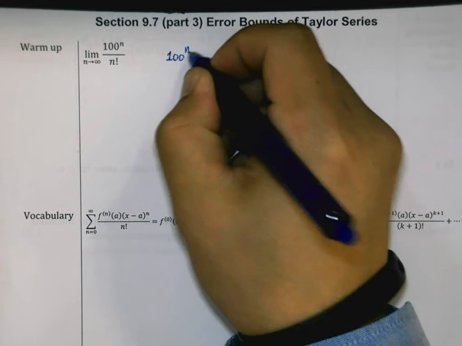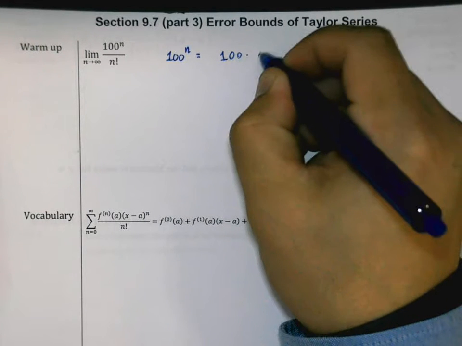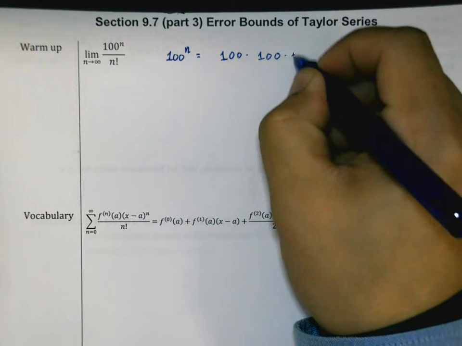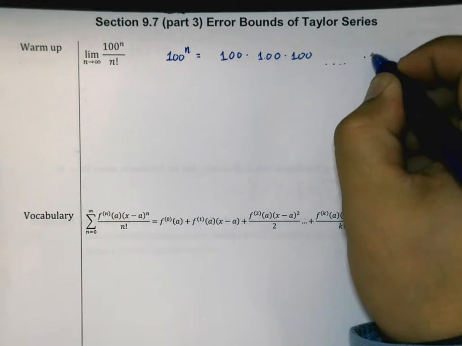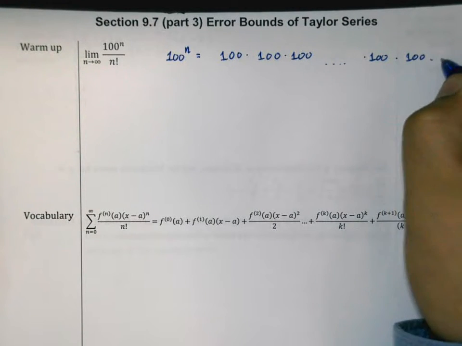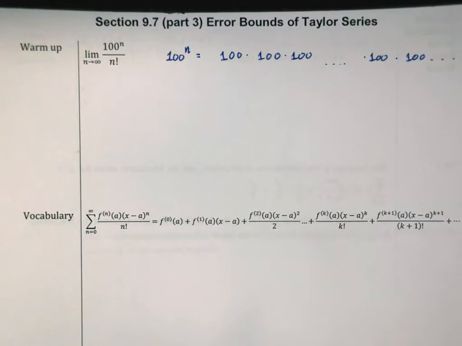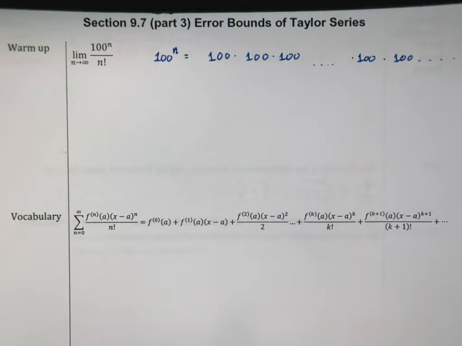So 100 to the nth is nothing more than 100 times 100 times 100, you get the idea, dot, dot, dot, times another 100, and so on, forward until we reach n hundreds.